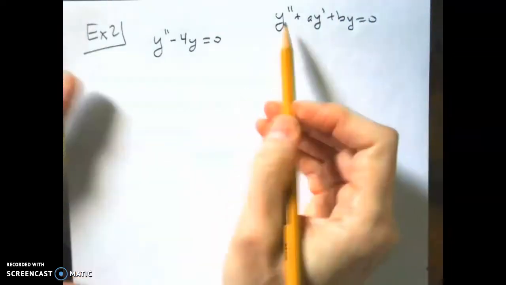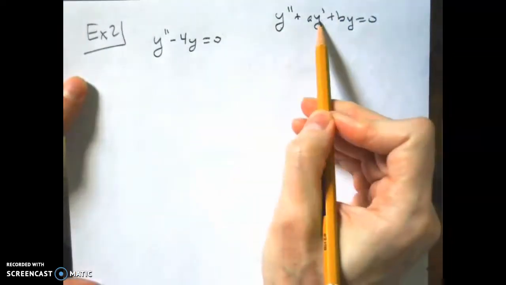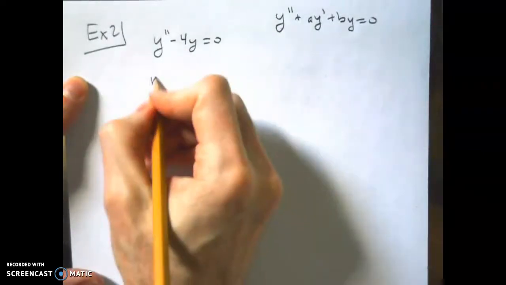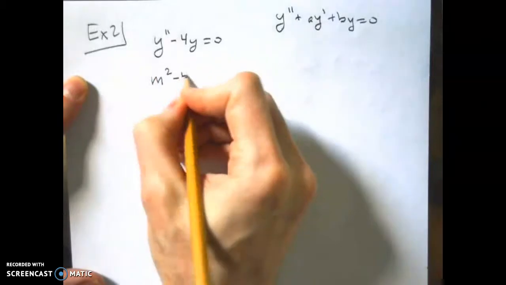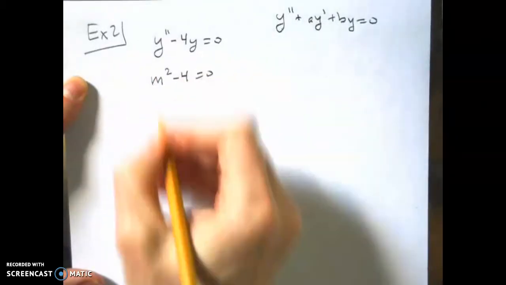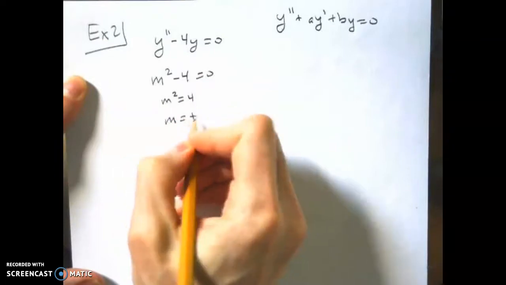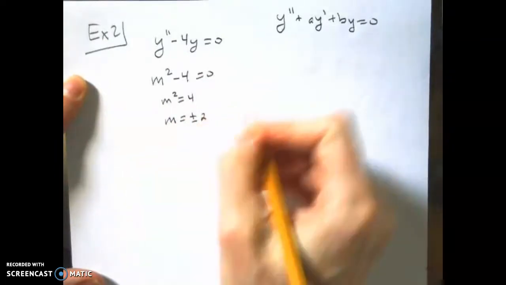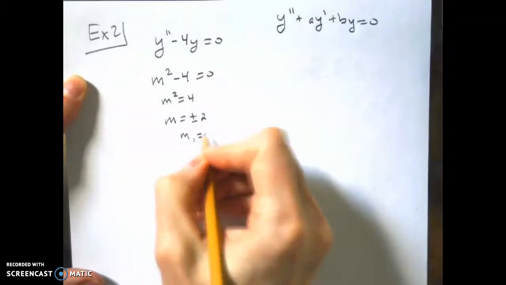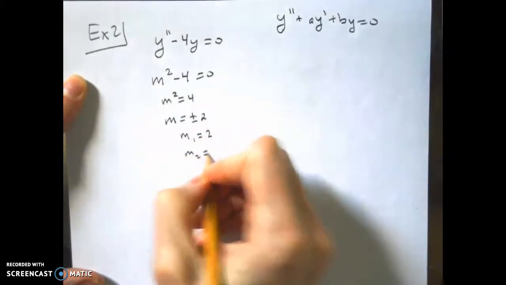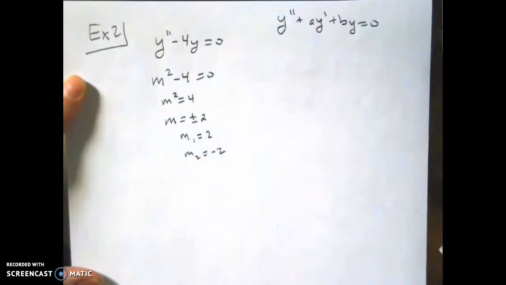There's no y prime, so the a is 0. So the characteristic equation ends up being m squared minus 4 is equal to 0, which is m squared equals 4, or m equals plus or minus 2. So m1 is 2, m2 is negative 2. These are two real and distinct solutions.